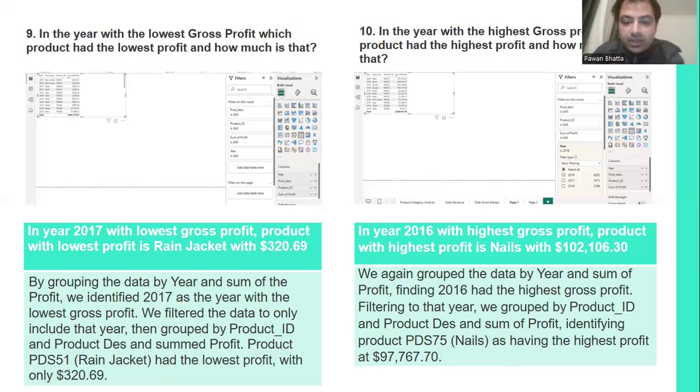For this, we again grouped the data by year and sum of profit, finding that 2016 has the highest gross profit. Filtering to that year, we grouped by product ID and product description and summed the profit, and found nails has the highest profit.